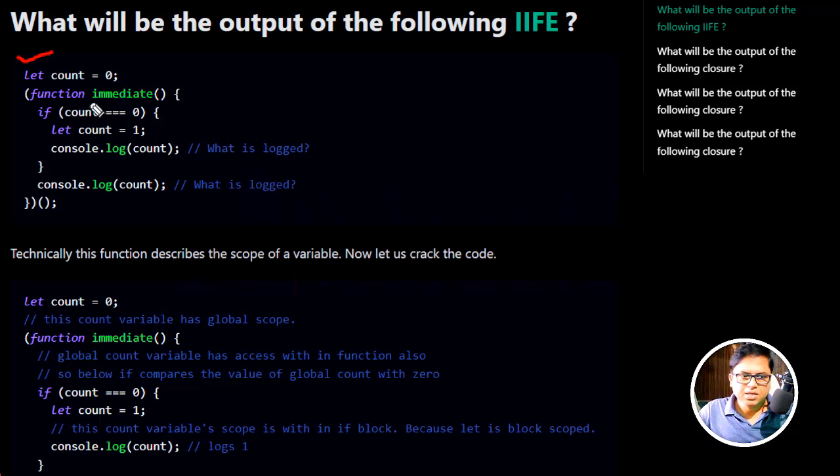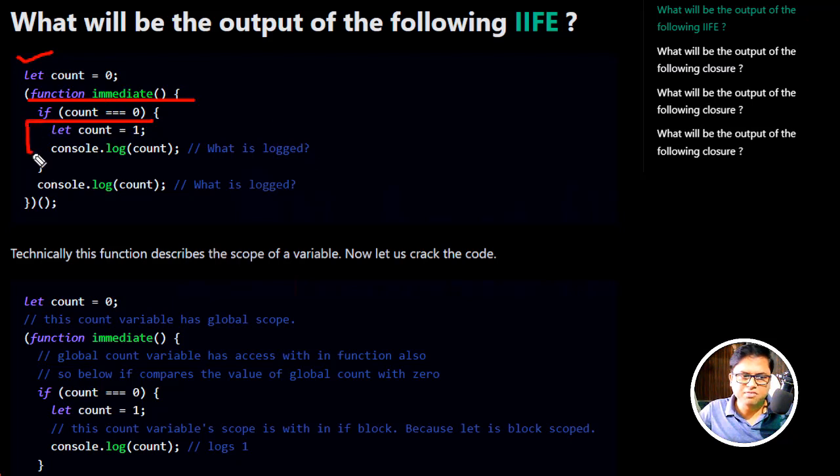So now within this function, when we check the condition whether count is equal to 0 or not, it will return true, because count can still be accessed from here as it is a global scope variable, right? So now this if count equal 0 will return true.